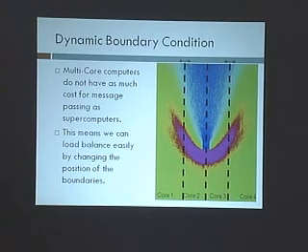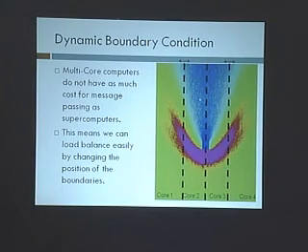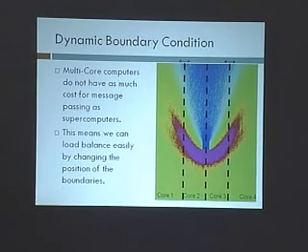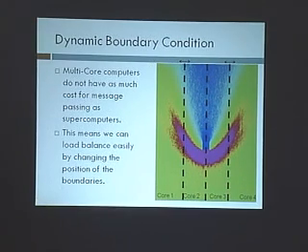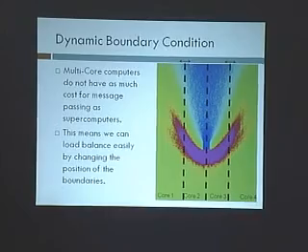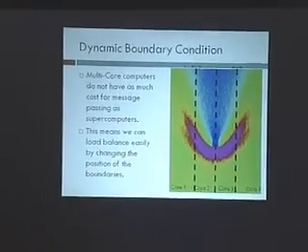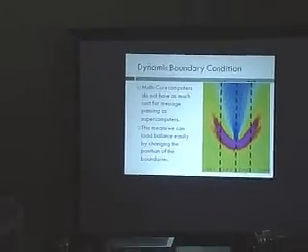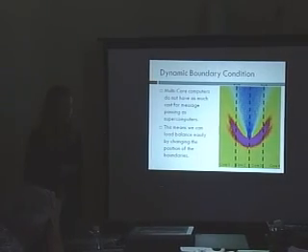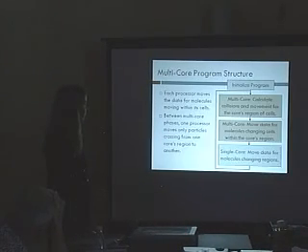And if we see that there's some area that's more compute intensive than the others, then we can move these boundaries. That's something that if you were using a supercomputer, you probably wouldn't do, because then you'd have to send all of the data regarding those cells that you just changed processors to the other processor, and that would take a lot of time. So that's one good thing we have about multi-core processors.